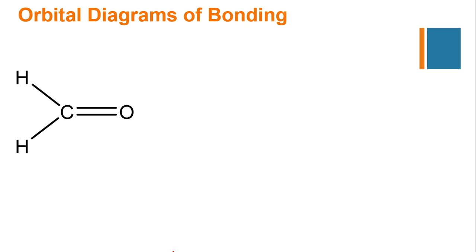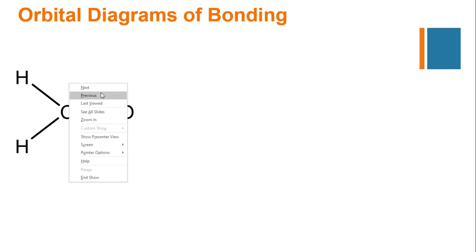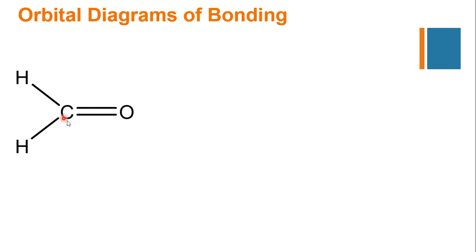Okay. So looking at an example. Here we've got formaldehyde, right? And in formaldehyde, let's talk about what we see. Carbon is our central atom. We've got a single bond to hydrogen here. We've got a single bond to hydrogen here.